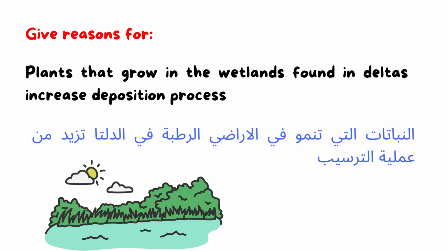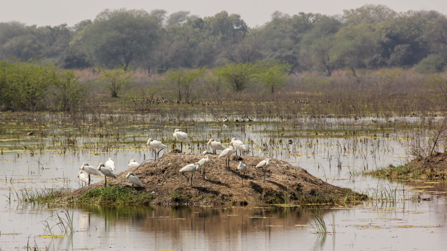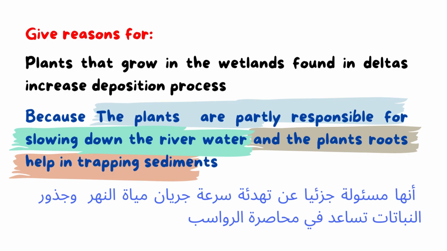The answer: as you see here, this is a wetland, a land that has tall plants, and the soil is wet, has water in it. Let us answer the question. Plants that grow in wetlands found in deltas increase the deposition process for two reasons.